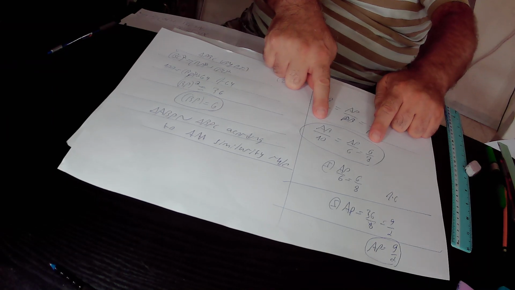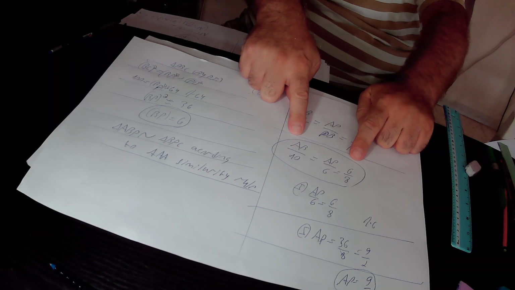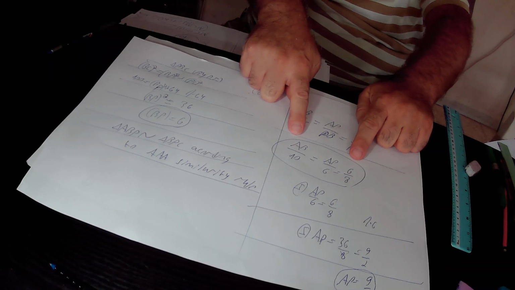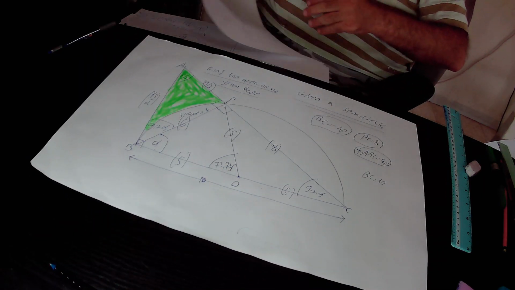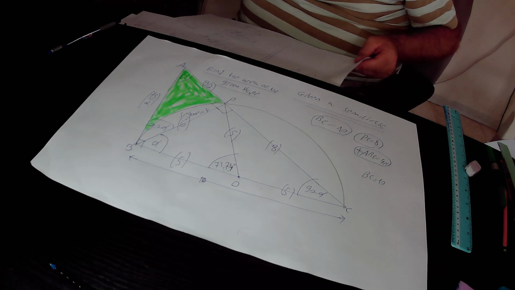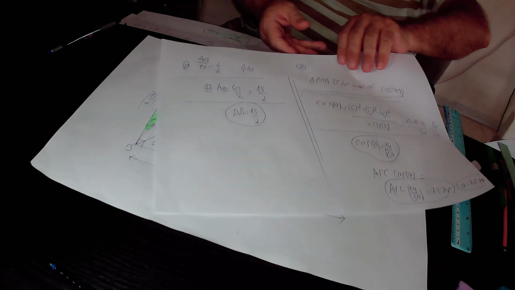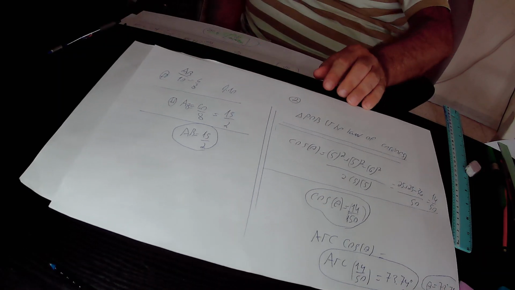Those two expressions are also equal to each other, so we get equation 2. According to equation 2, AB over 10 equals 6 over 8.